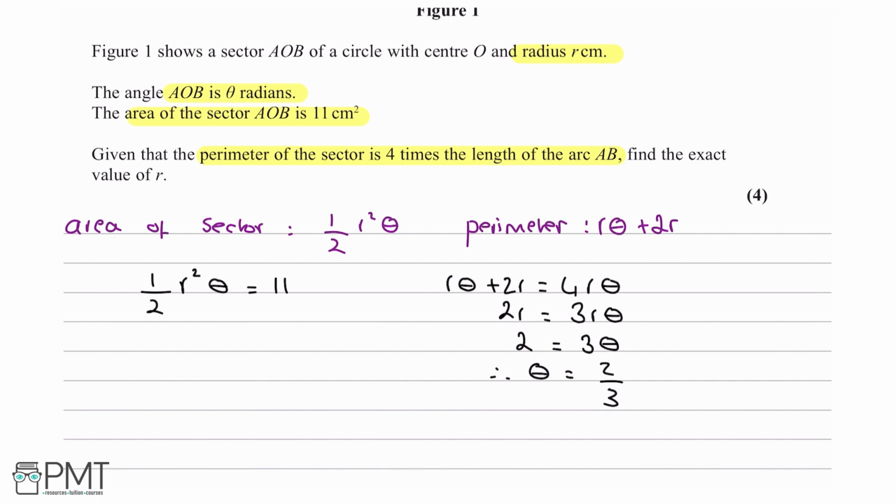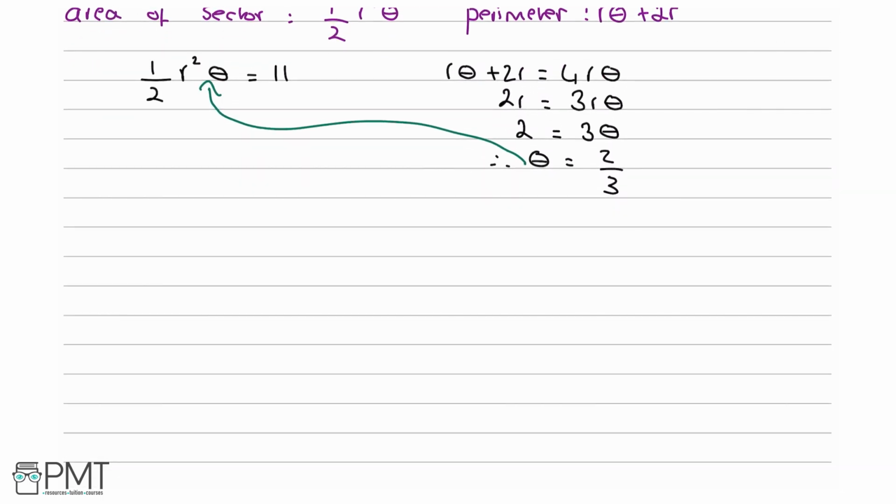Okay. Now what we can do is take this value of theta and put it into our expression for half r squared theta. So what we end up with is half r squared, and then theta is 2 over 3, equals 11.